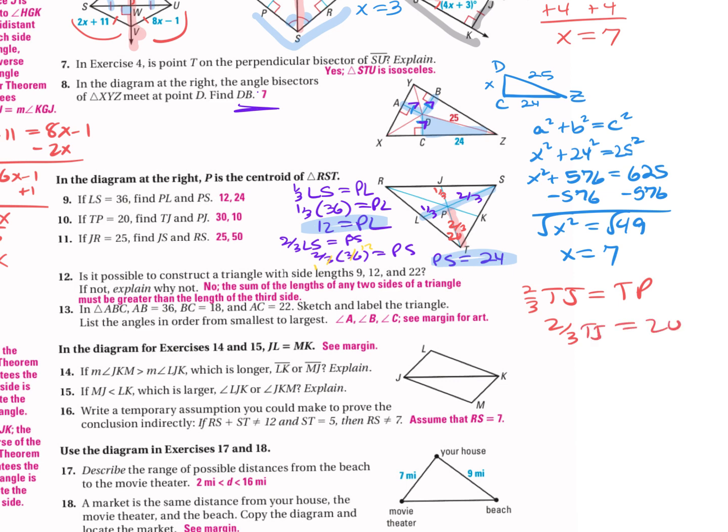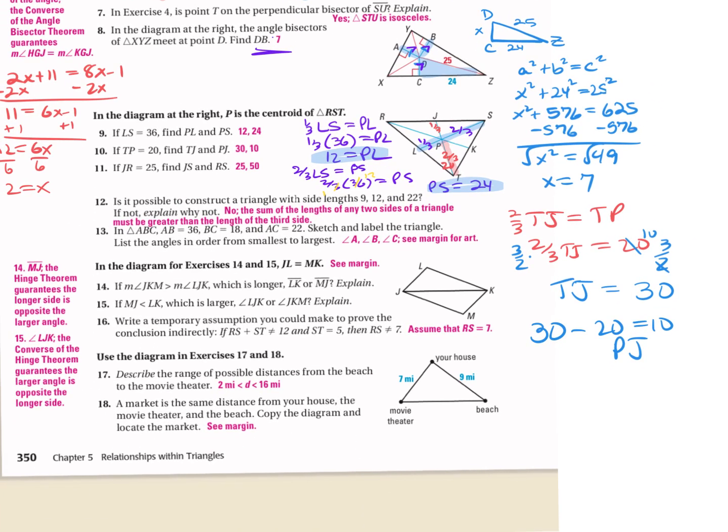and that was 20. So all I'm going to do here to solve is multiply by the reciprocal, simplify, and the length of the whole thing, TJ here, is equal to 30. Now to find the length of PJ, since I know the whole thing, I could just do 30 minus 20 and get 10, and that would give me PJ.